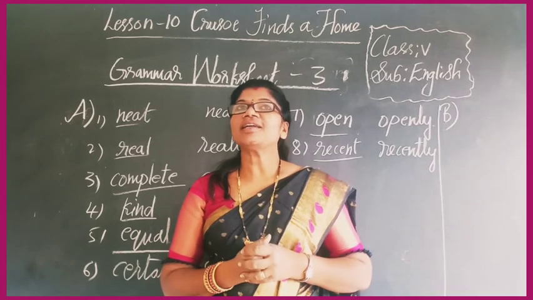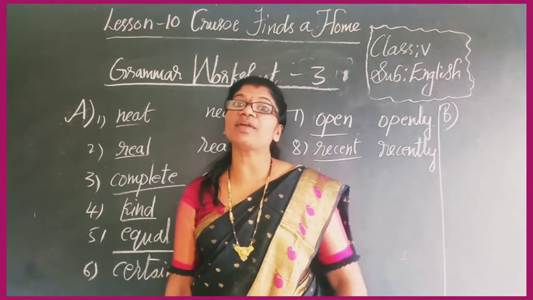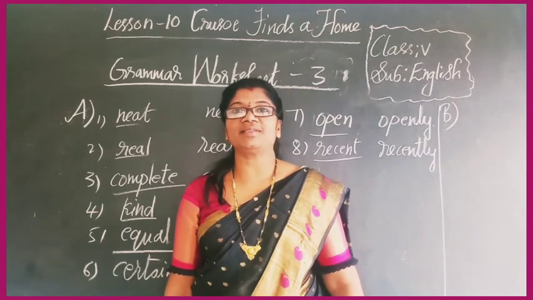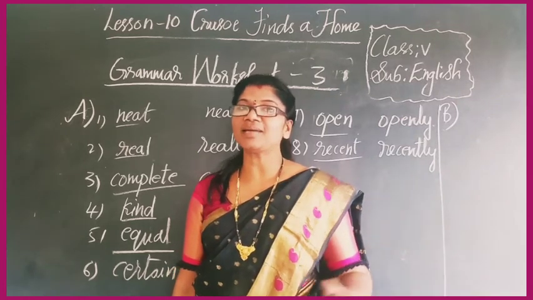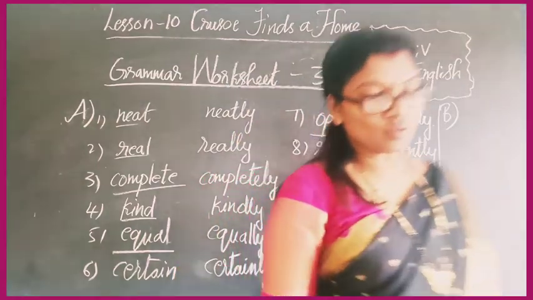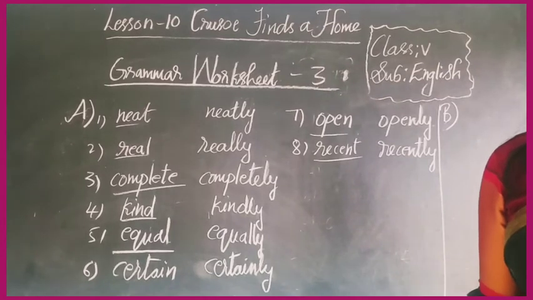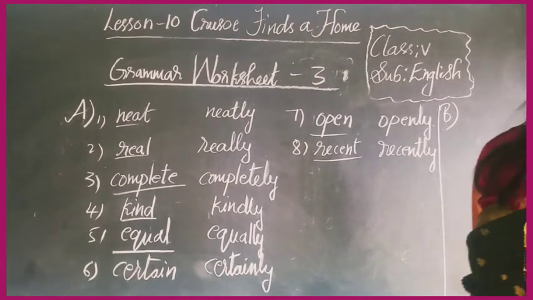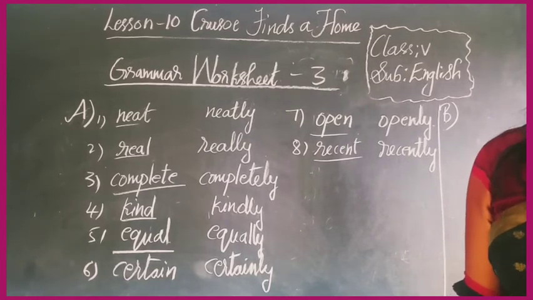It shows the place of a noun, where something is, or where some person or animal is. Suppose the book is on the table, this is telling about the placement of the book. I have discussed this with you in my previous class.